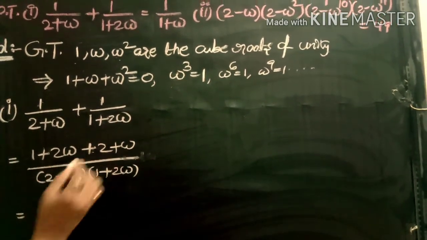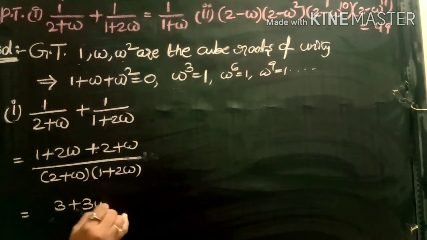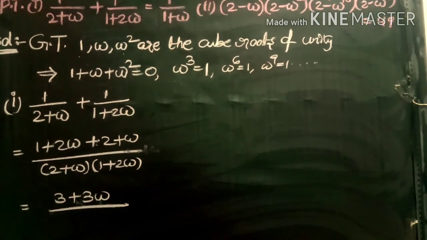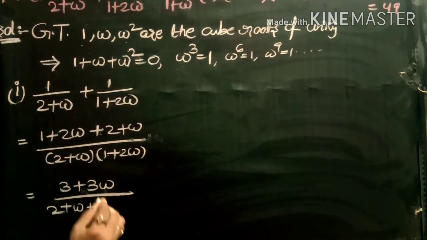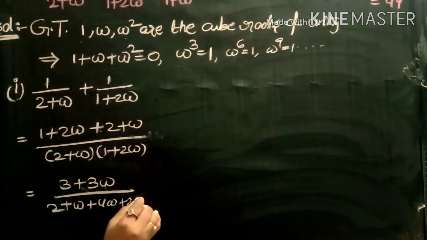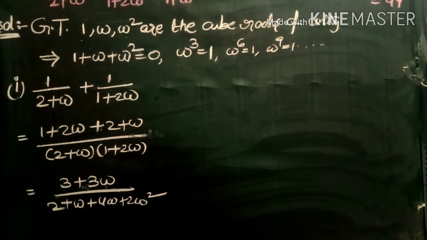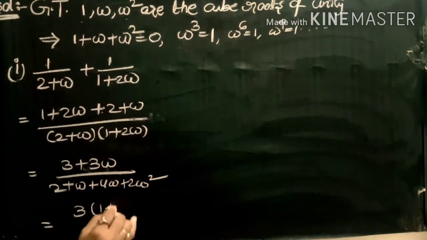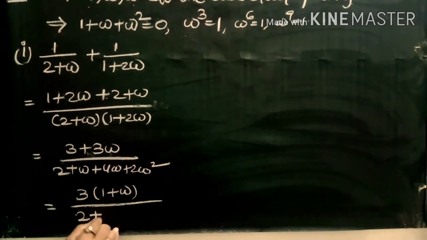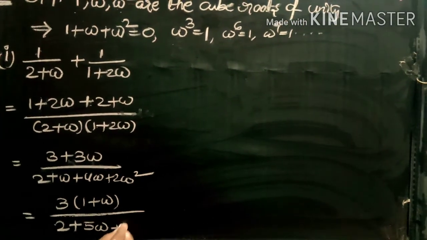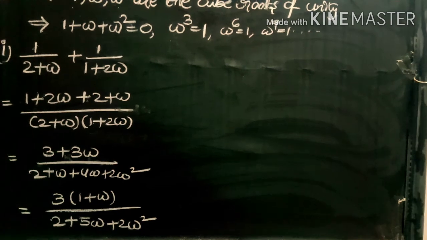Now this is 3 plus 3 omega, by the product of the denominator values: 2 plus 4 omega plus omega plus 2 omega square, which is 3 into 1 plus omega by 2 plus 5 omega plus 2 omega square.